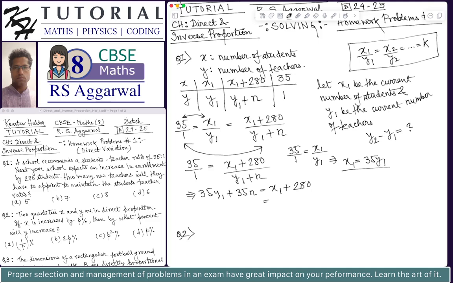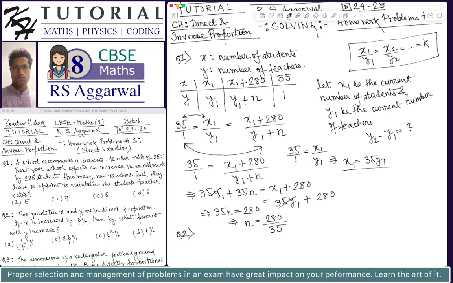Now we can substitute the value of x1 as 35 y1, so this is 35 y1 plus 280. As you can see, 35 y1 cancels out, and this implies 35n is equal to 280, so small n is equal to 280 by 35.